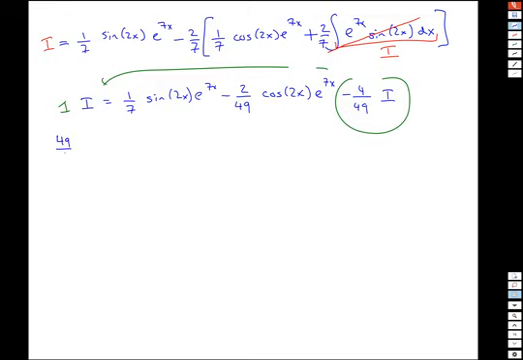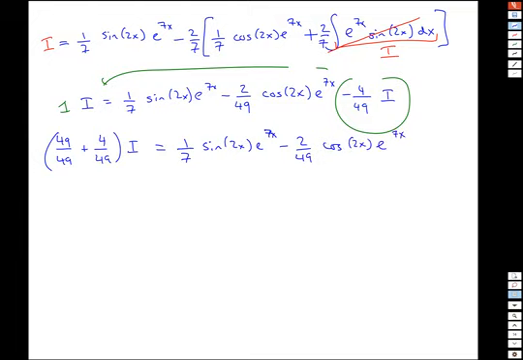So we're going to have 49 over 49 plus 4 over 49, all those I's, equals what we just said before, the sine 2x e to the 7x minus 2 over 49 cos of 2x e to the 7x, and whatever this fraction is here, you bring it to the other side, and boom, you have the I equals, but your I is literally what we meant by the thing we asked you to calculate, e to the 7x sine 2x dx. And that's getting a little scrawly, my apologies.